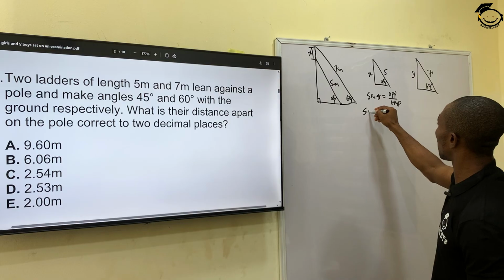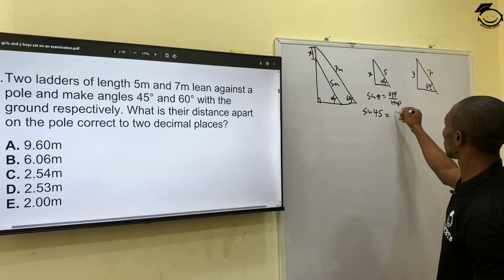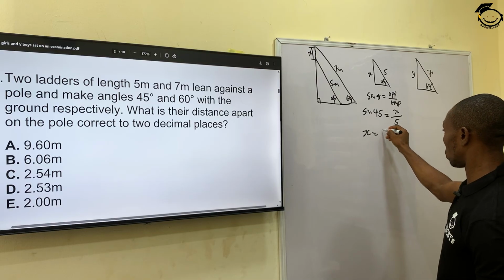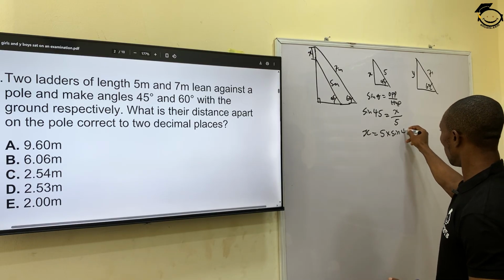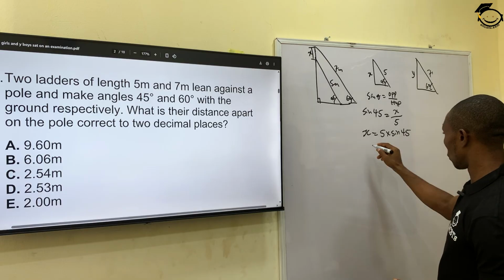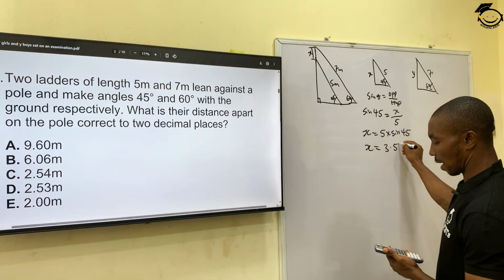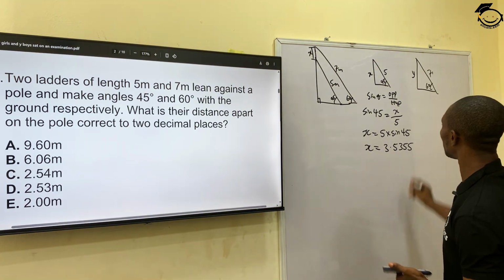So sine 45 equals x over 5, so x equals 5 times sine 45. So our x equals 3.5355.